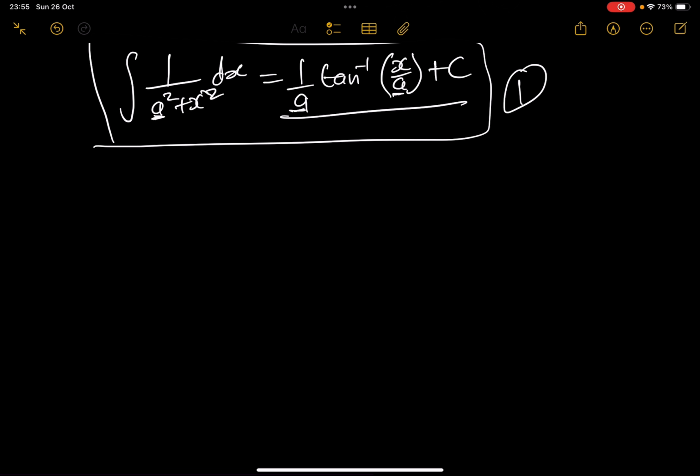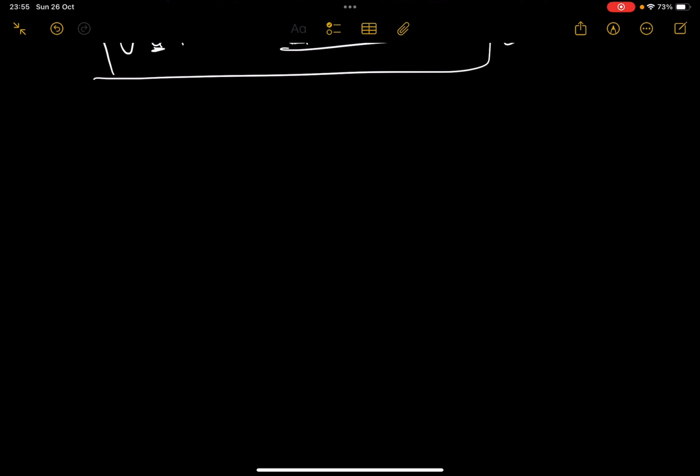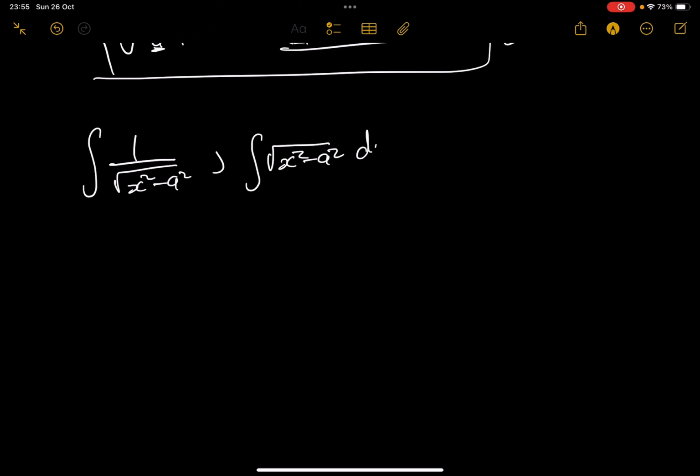So if you are given a case whereby you are tasked to integrate an expression like this, the integral of 1 over root x squared minus a squared dx.